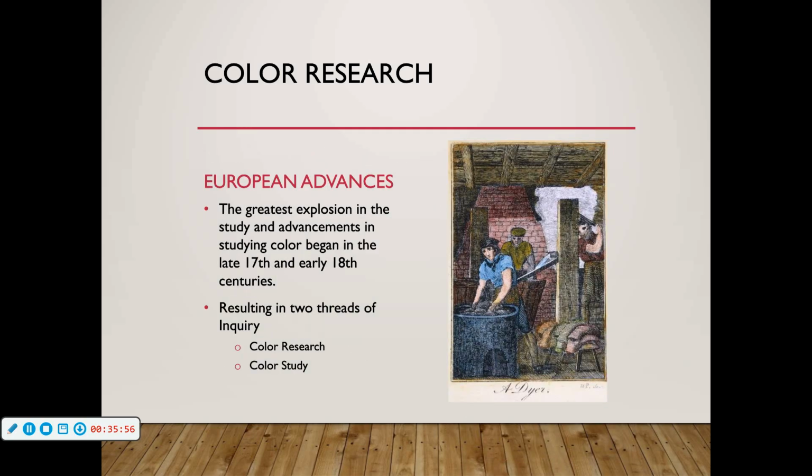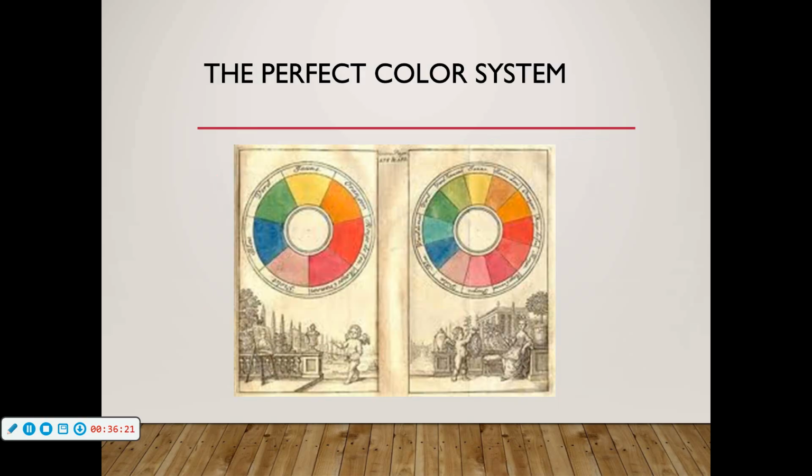So there are European advances that happen. The greatest explosion in the study and advancements of color begins in the late 17th and 18th century. Once again, we're talking about European advancements in color, resulting in 2 threads of inquiry: color research and color study.